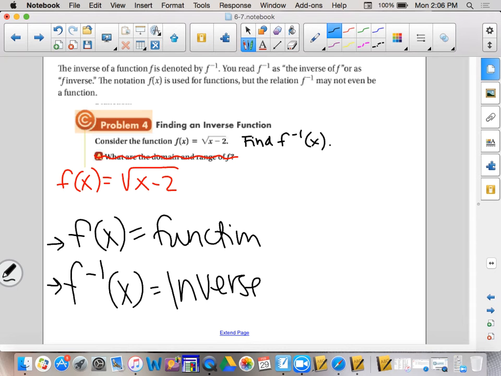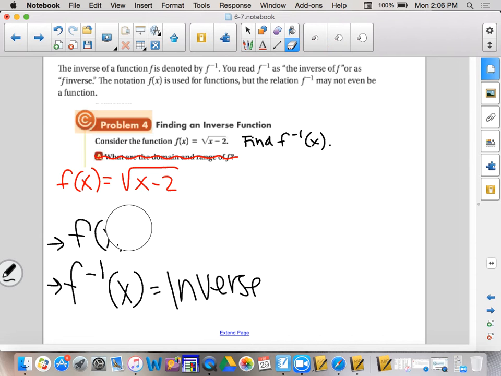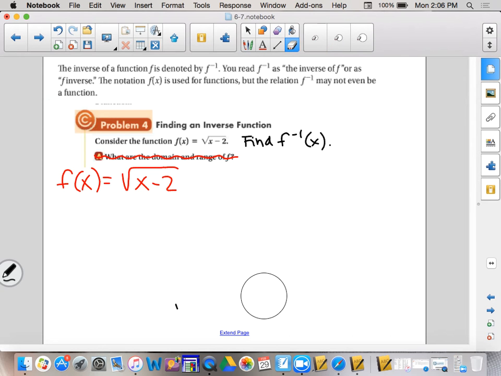So I want to take the function and I want to find the inverse of the function. So there's one extra step that you have to do to find the inverse of the function.